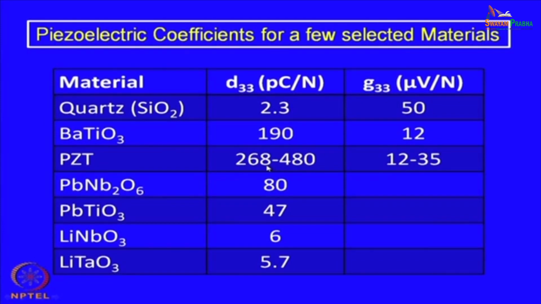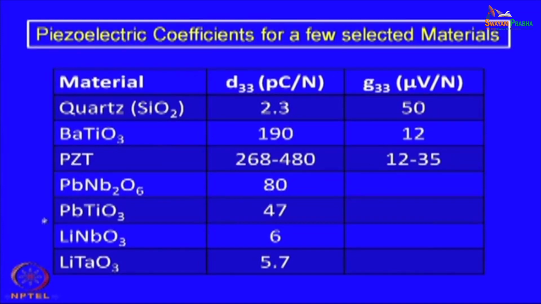So, it varies over a wide range, about 268 to 480, which is much larger than any of the other piezoelectric materials we consider here. In fact, these are the most important piezoelectric materials normally used in different devices, and so far as the D33 value is concerned, it is very high. Its G33 is also fairly large.